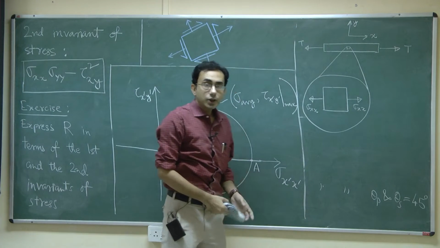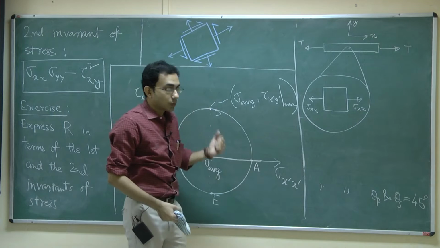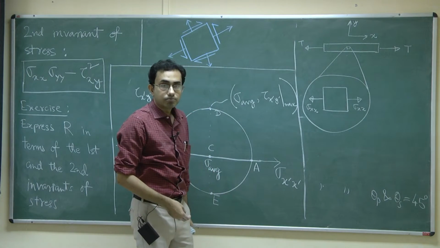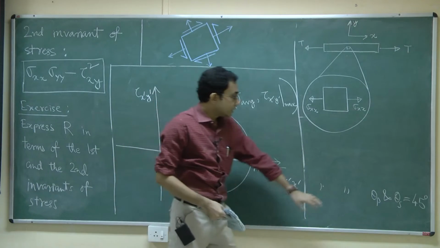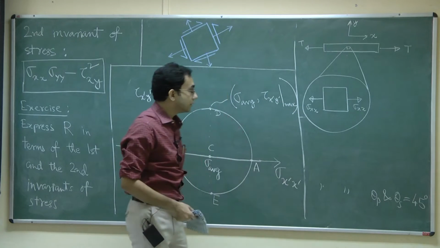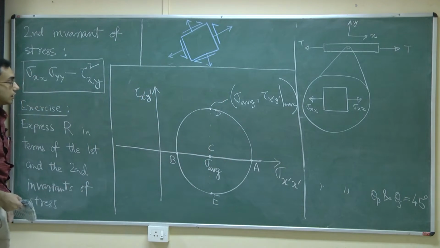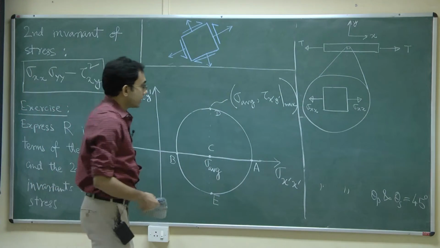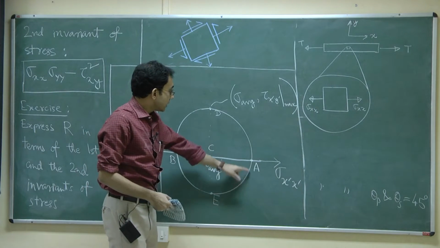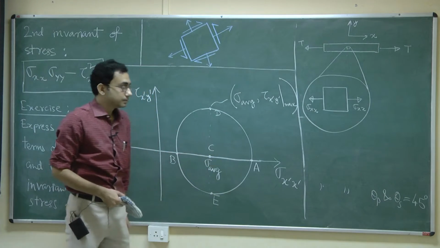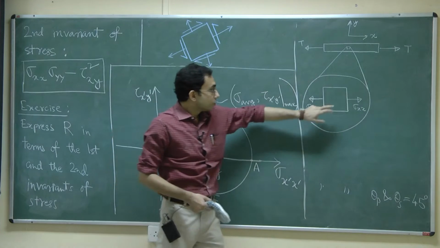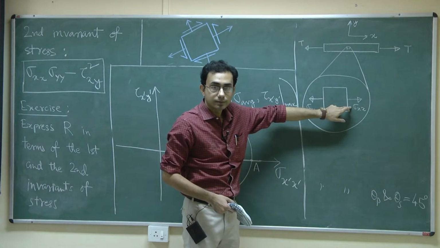So, can I not obtain my insights from whatever we have been discussing today and find out the angle between this one and this one? First of all, you tell me, if I have this kind of a situation, what should be the situation if I draw this kind of a circle? If we have this sigma xx, forget about sigma yy, you please note here there is no shear.